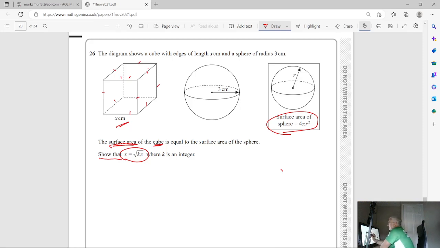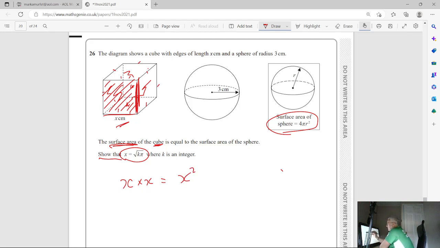The surface area, we've got 1, 2, 3, 4, 5, 6 different sides. And to find the area of a cube, or the area of a square, we're just going to do this measurement here times by itself. So we know that's x centimeters. It's a cube, so it's a square, so they're the same measurements. So I've got x times x gives me x squared.